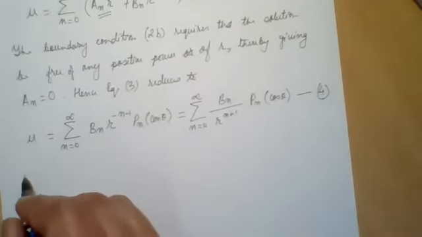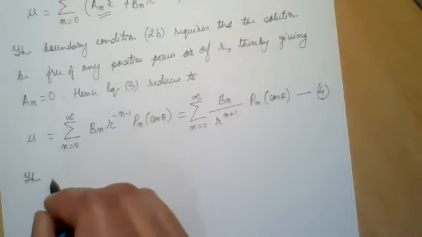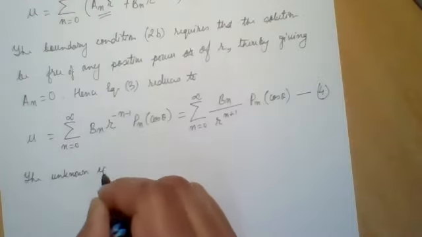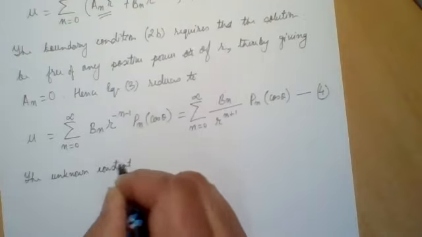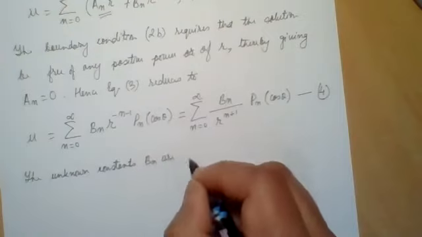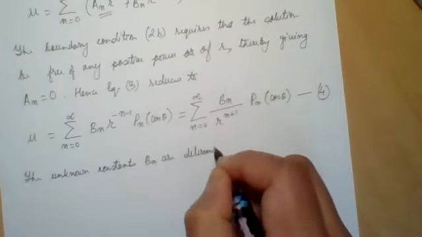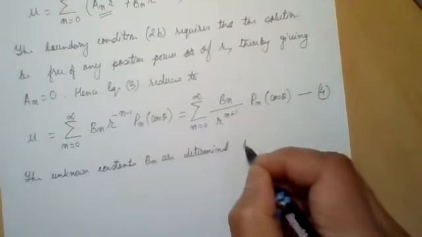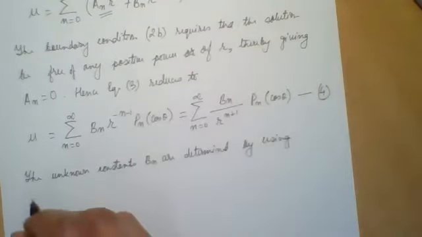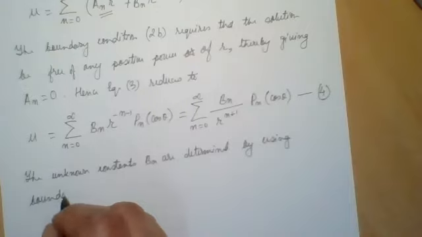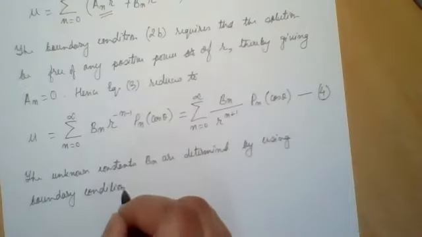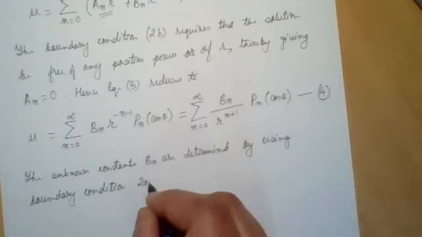The unknown constants Bn are determined by using boundary condition 2a.